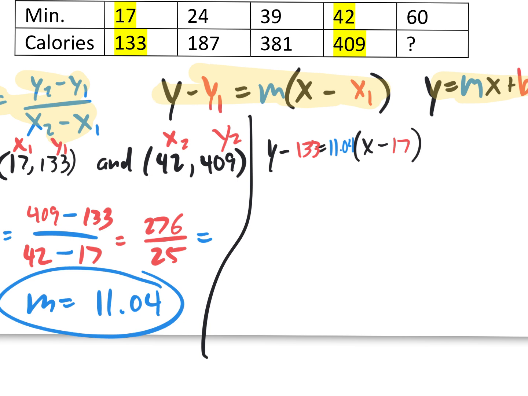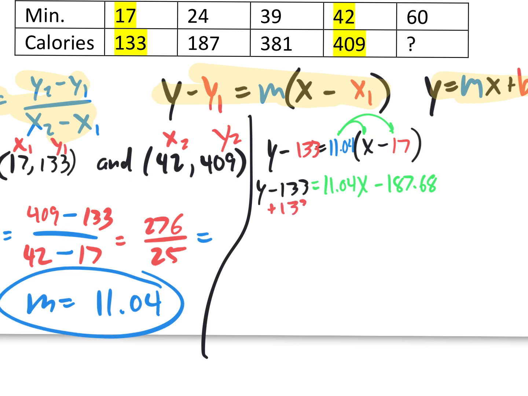And with the calculator, you're going to distribute 11.04 times x. That'll be 11.04x. 11.04 times 17, with the calculator, is 187.68, negative 187.68. And we have the y minus 133 on the left side of the equal sign. So you've got to get rid of that minus 133.